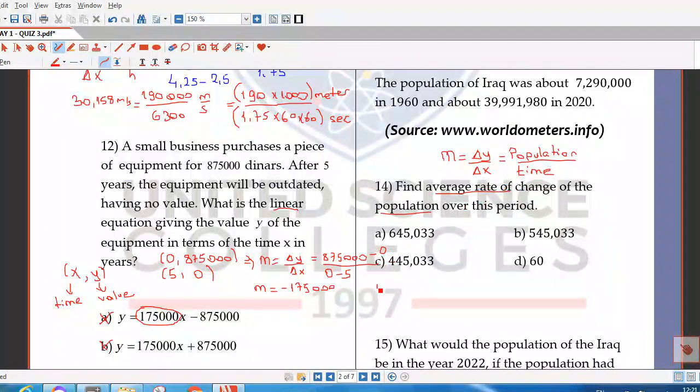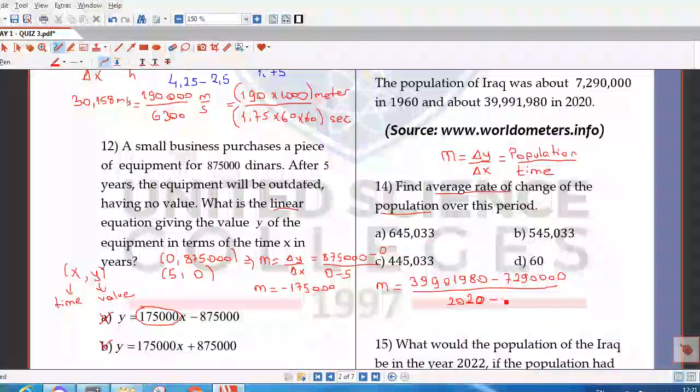So to find the average rate of change, we are going to take the difference of population, 39,991,980 minus 27,290,000 over the change in time, 2020 minus 1960.